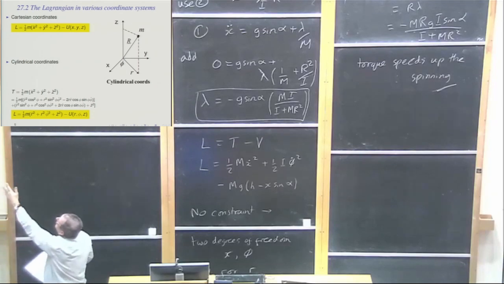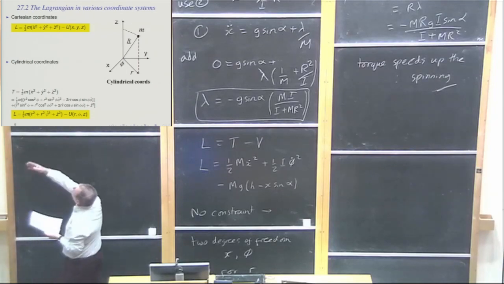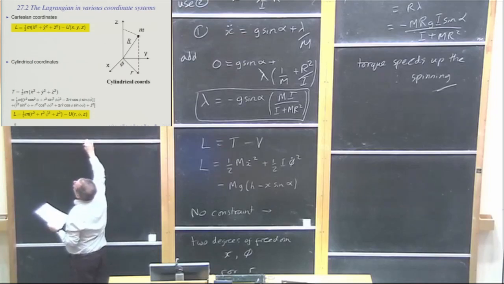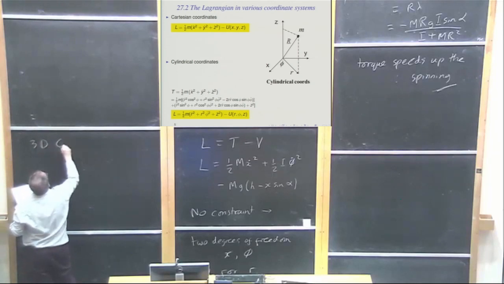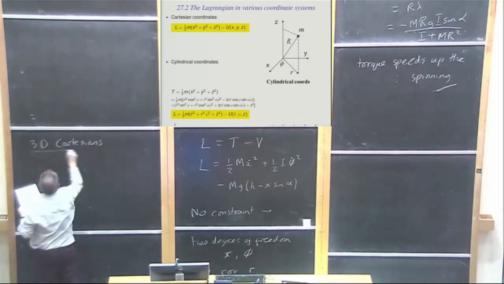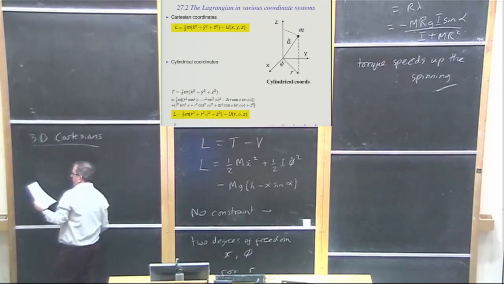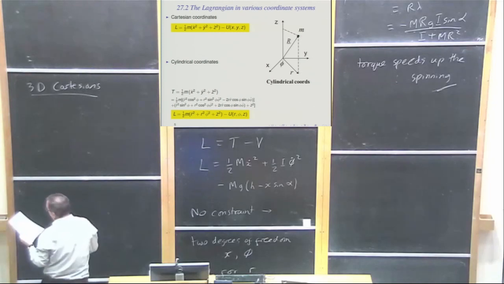We've done this in the 1D case with x dot, but now we can easily generalize it to y dot and z dot. So for 3D Cartesians, the Lagrangian is as written. I won't waste chalk on repeating that.